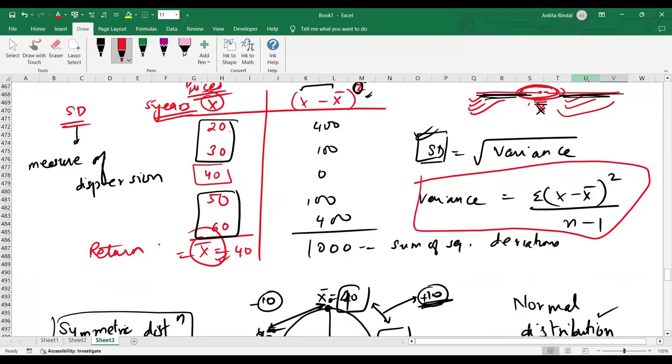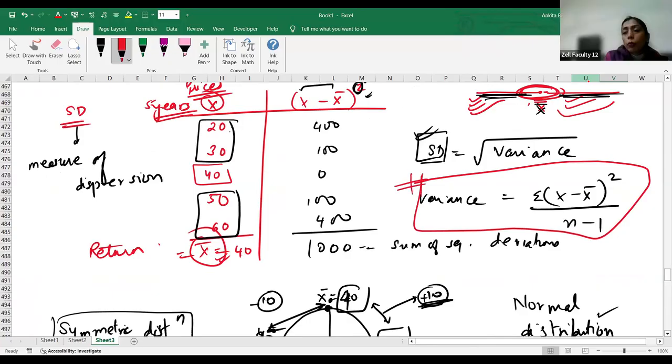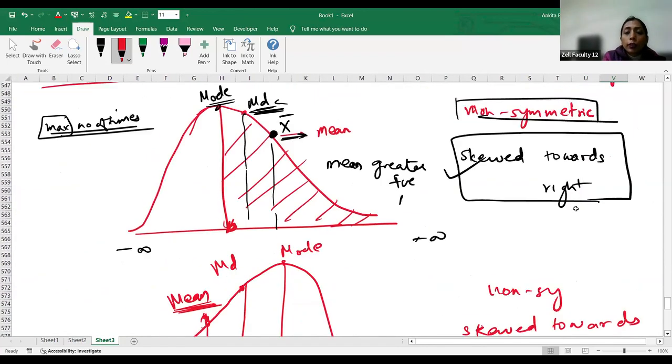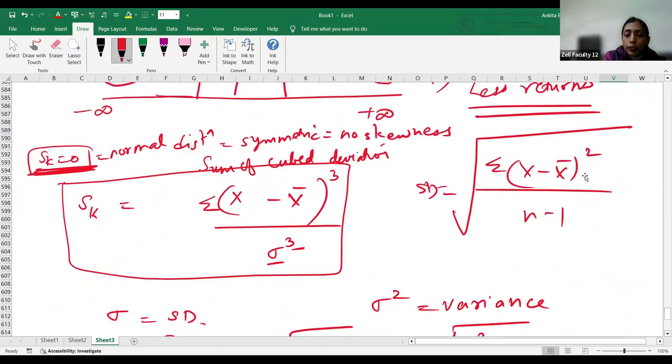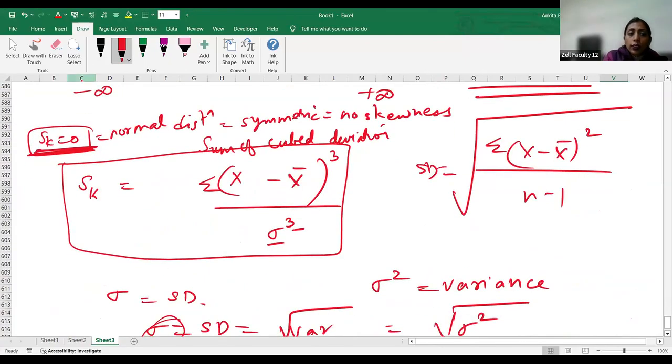There is only one single formula for variance, one single formula for standard deviation, one single formula for skewness. There are no two formulas. This is the formula for skewness. This is the formula of standard deviation. If I just remove the square root sign here, this formula is variance.